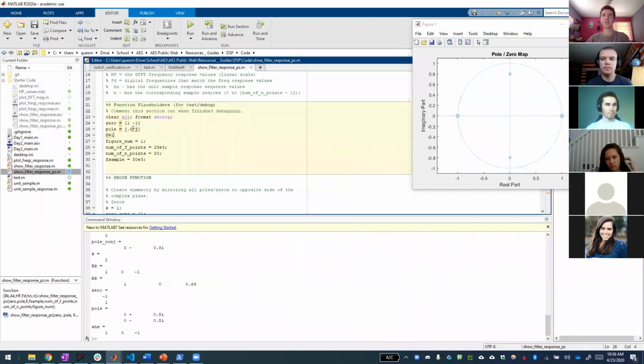And then you can see if we modify these zeros, we can move them to 0.3. I think this is it.